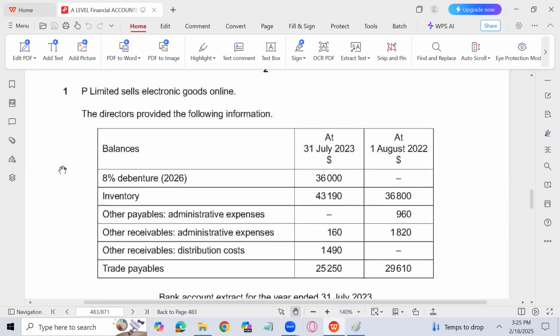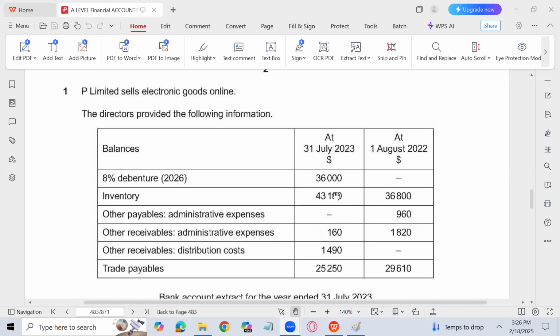So P Limited sells electronic goods online. 8% debentures are given, that is 36,000 on 31st July 2023. For your understanding, a debenture is basically a non-current liability. Companies used to take loans from individuals and issue debentures in return as security.